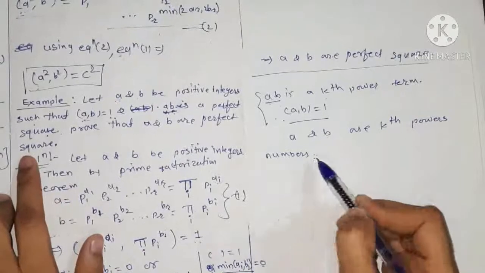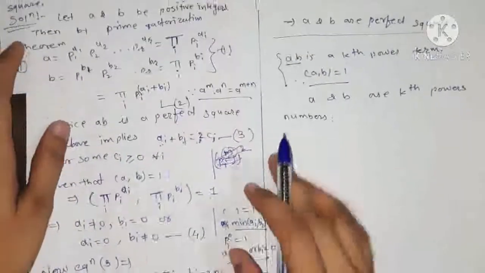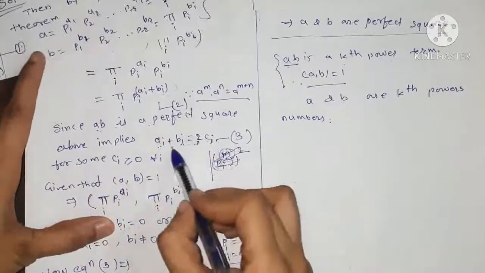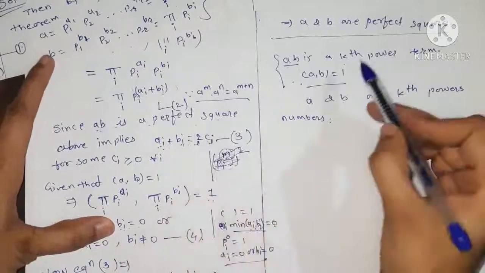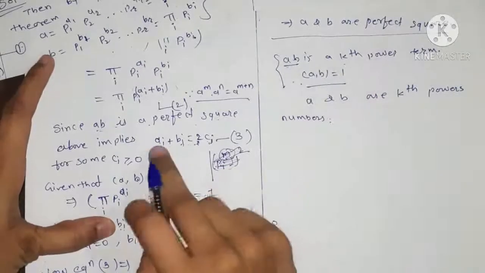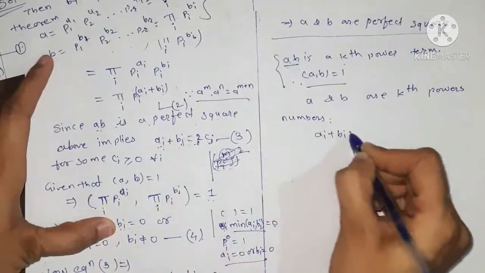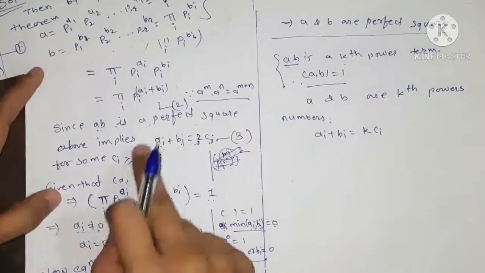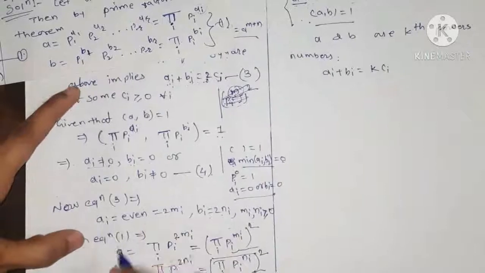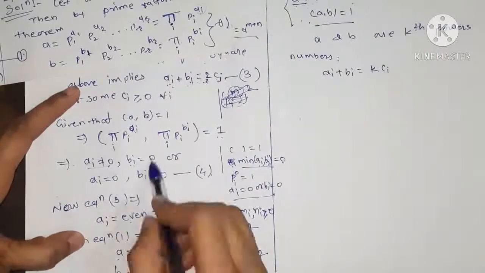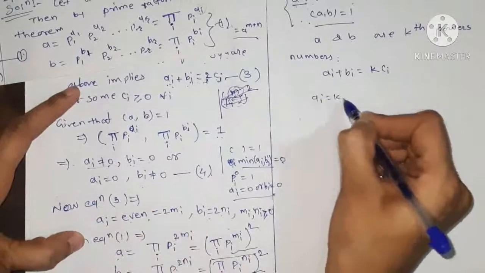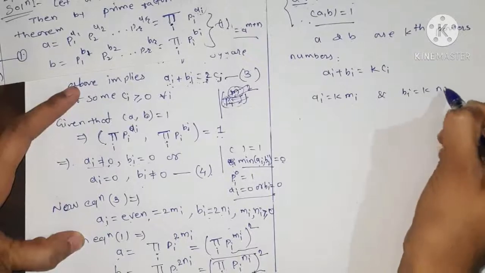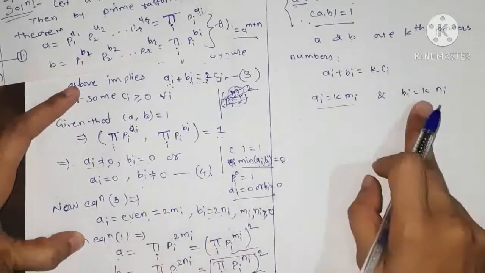Okay, so to prove this result we have to use the same argument. As here we are saying ab is a perfect square, therefore this implies that a_i plus b_i equals twice c_i. So if we assume that ab is a kth power term, then we have to assume here that a_i plus b_i will be k times c_i, that is the kth power into c_i. And by the same argument, as a_i is even because of this result, a_i can be written as k times m_i and b_i can be written as k times n_i.